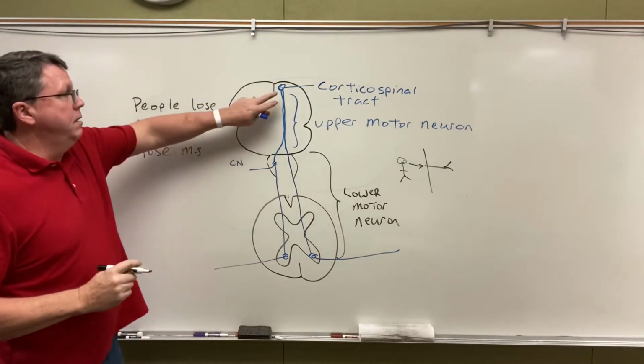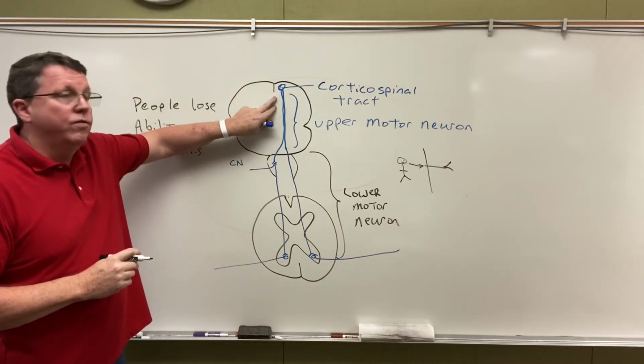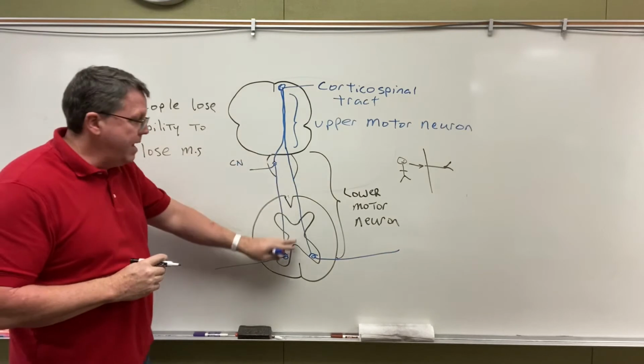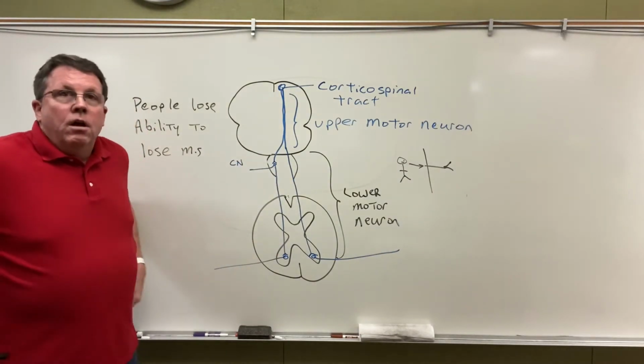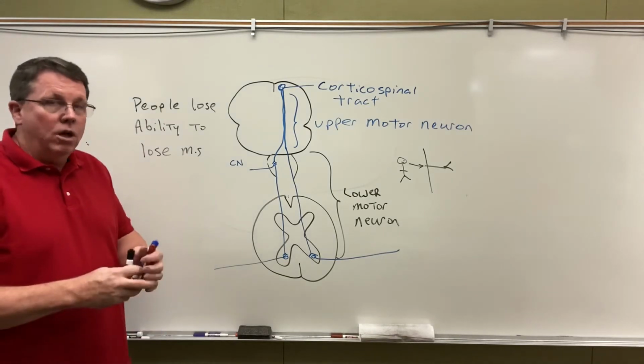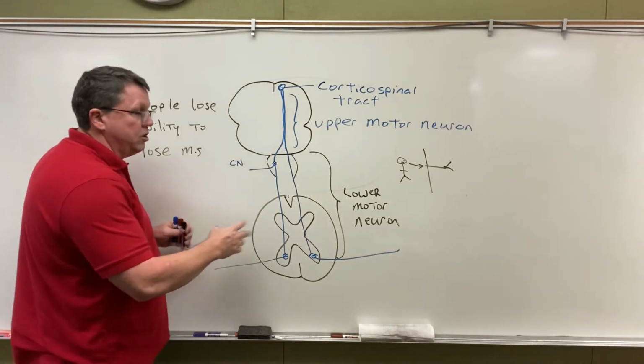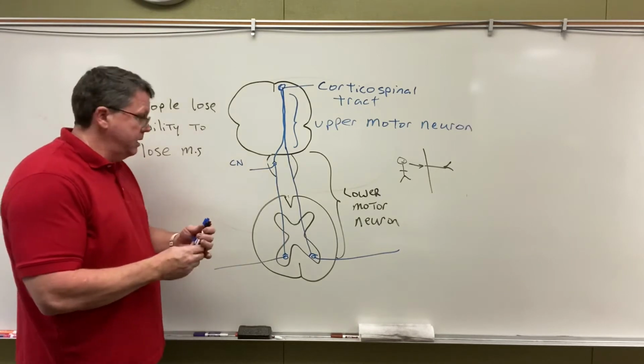Doesn't it make sense that if I'm up here and this nerve starts to die, or I'm down here and the nerve starts to die, they won't be able to move their muscles? Usually this is going to start in the extremities, the arms and the legs.